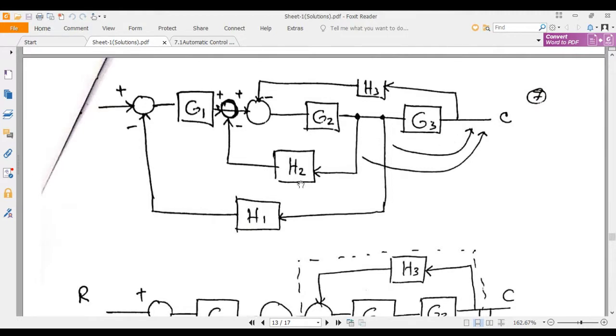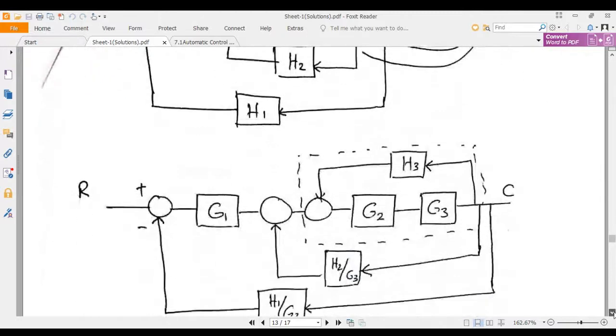While forwarding, what happens to this feedback path, we will see here. This will be divided by this gain. If I move this feedback path H1 after the gain G3, then this H1 will be divided by G3. You can see in the solution here.